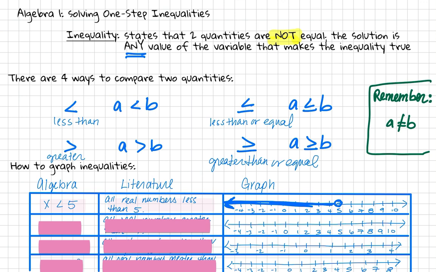Now, what if it's saying that x is greater than -1? This algebraic expression is represented by writing down that all real numbers are greater than -1. You would then, to graph it, go over to the number line, find -1.